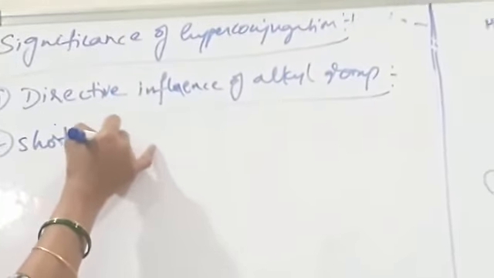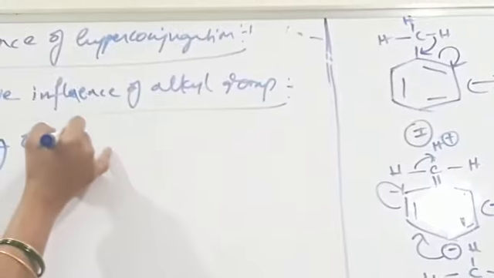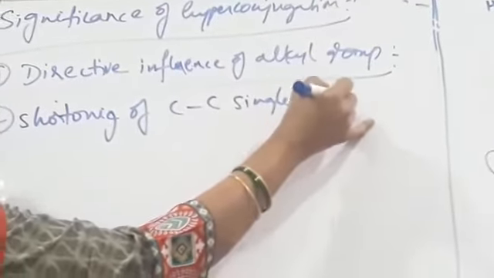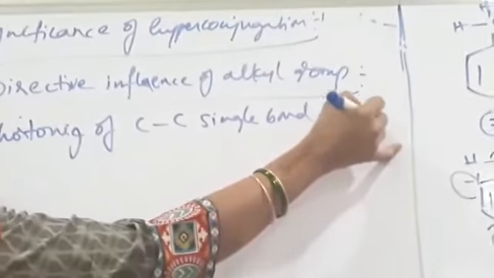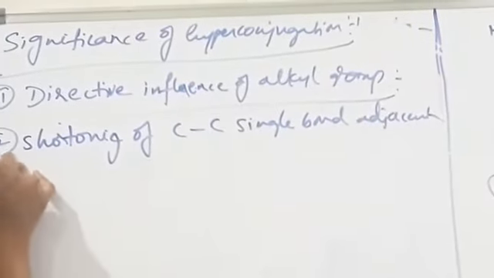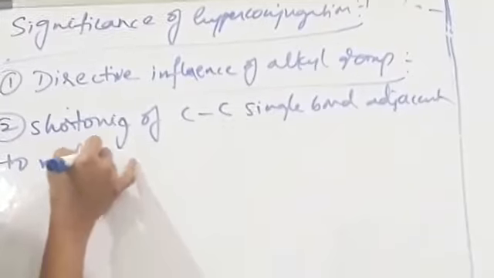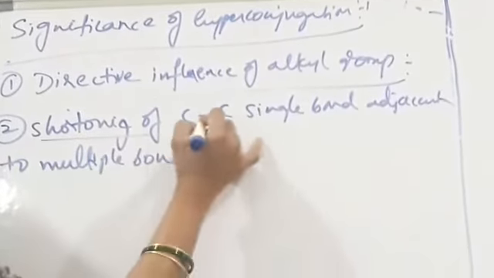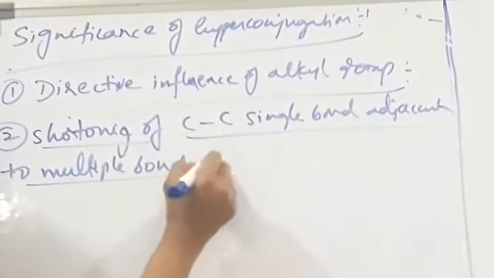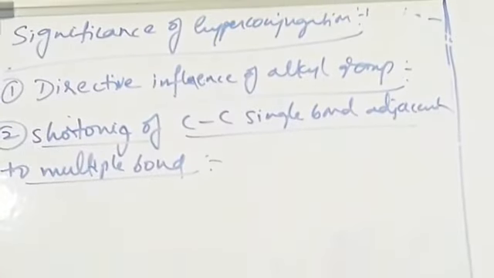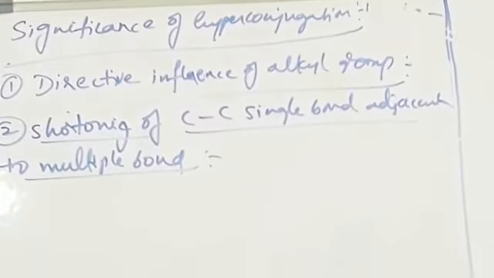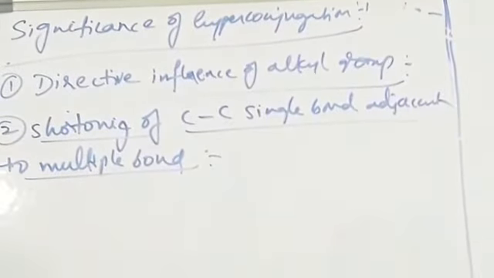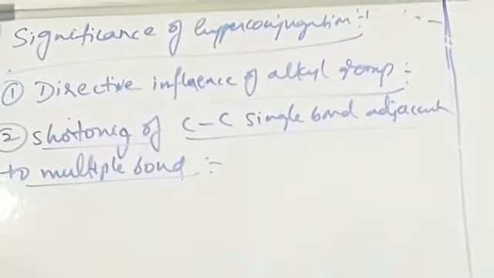This I also just now explained in the propene molecule. In the propene molecule also we observe displacement of sigma electrons towards the sp2 hybrid carbon.